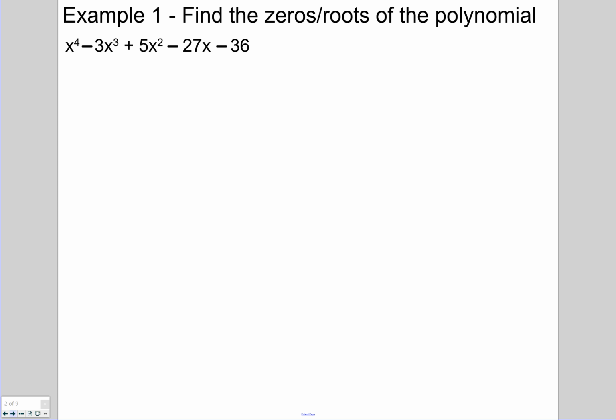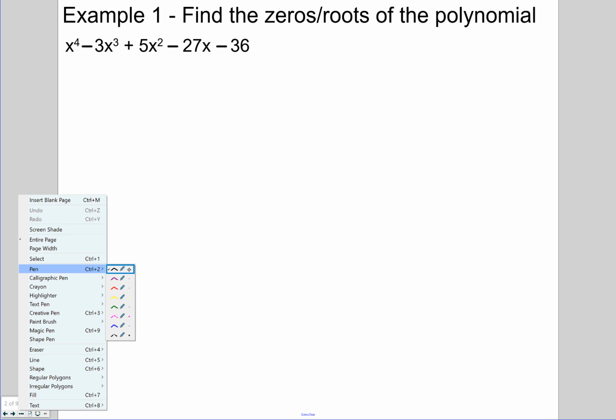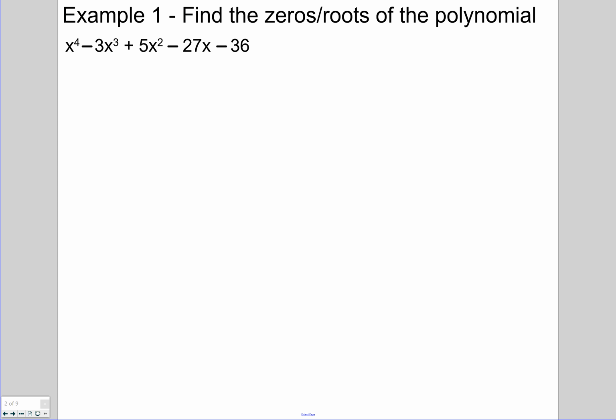Please read this problem for me, Bashir. Excellent. When Bashir read that problem, what should be the first thought that you have when you read that polynomial?